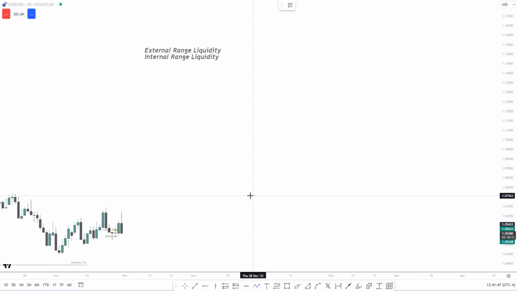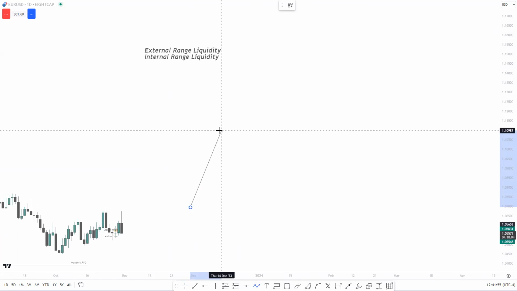Now, what is internal range liquidity and what is external? So we have a range. A range is basically from a low to a high. For example, we are here, something like this.